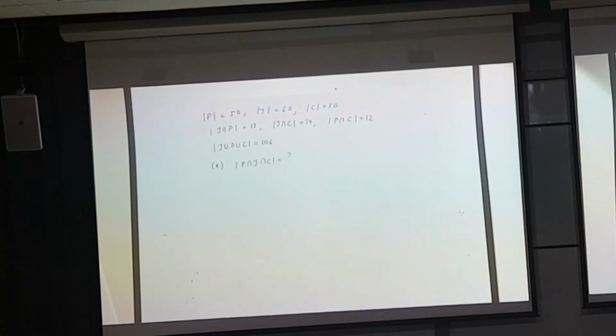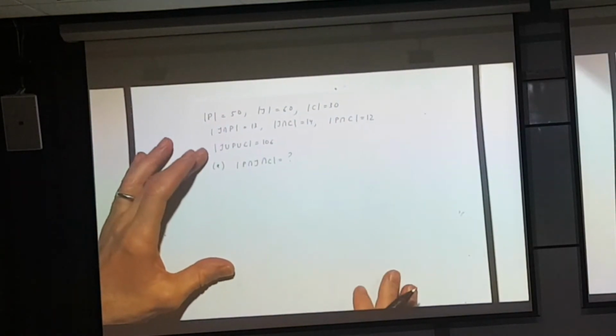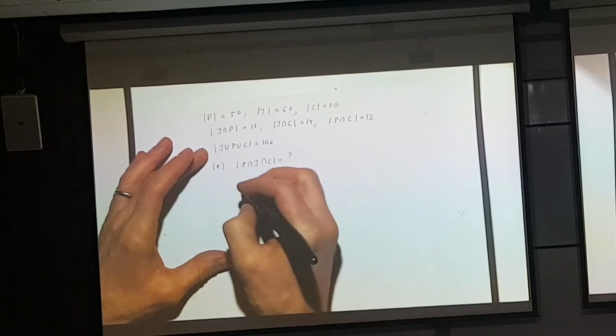So we're going to use the inclusion-exclusion formula, but this time around we will know what stands on the left-hand side, the number of elements in the union, and on the right-hand side we will know all the terms except for the last one, the triple intersection. So we will have to rearrange the terms to find this number of students in the triple intersection.